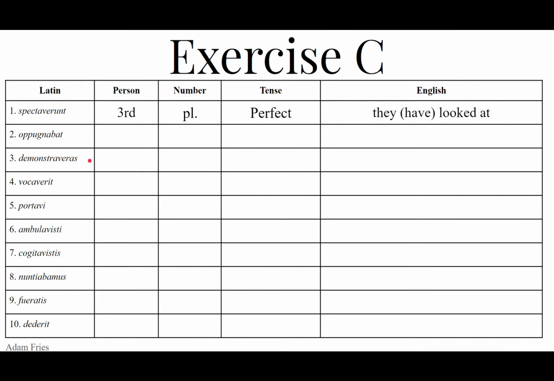3, demonstraveras. So it's second person. I can tell by the S. Second person singular. So it's going to be a you form. You did something. Eras, era. Well, this is the tense marker for the pluperfect, and it's on the perfect stem, demonstra, from demonstro, demonstrare, demonstravi, demonstratus, which means to point out, to demonstrate.